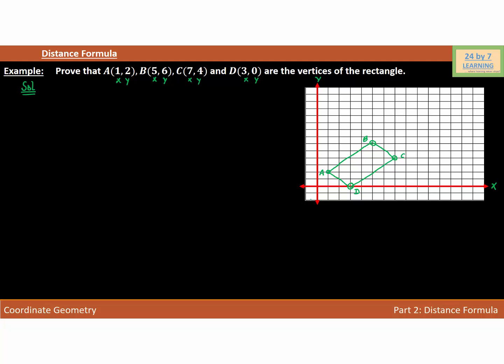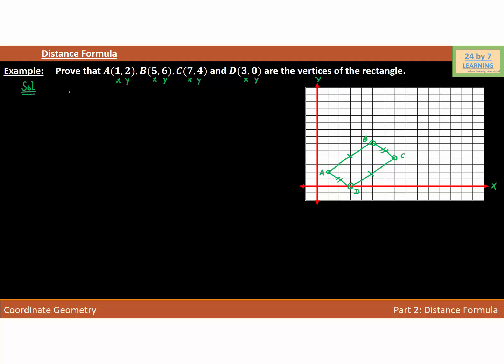Now, if you remember the property of a rectangle, which states that opposite sides are equal and congruent, so if I can prove that AB is congruent to CD and AD is equal to BC, then we will prove that one property of the rectangle is satisfied. And then we need to talk about another property, which is the diagonals. So let's first talk about the sides AB and CD.